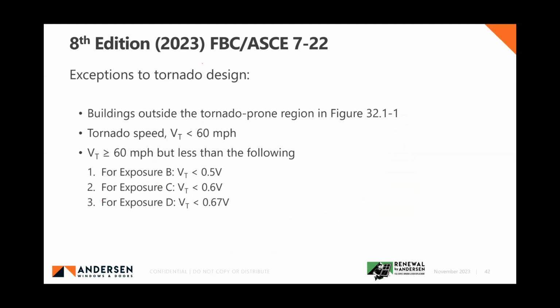So, for example, let's say you're looking at a building that's located in exposure category B. Your tornado speed is 60 miles per hour, but let's say your hurricane wind speed is 140 miles per hour. Okay. Well, then half of your normal wind speed is 70 miles per hour. So that exceeds your tornado speed. So you're exempt from tornadoes. Okay.